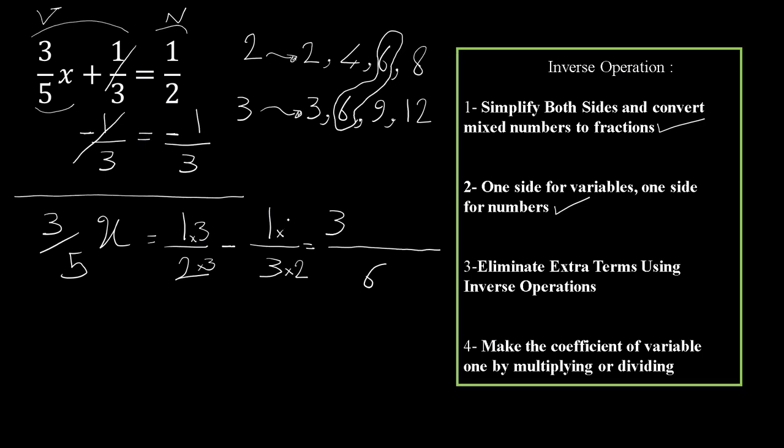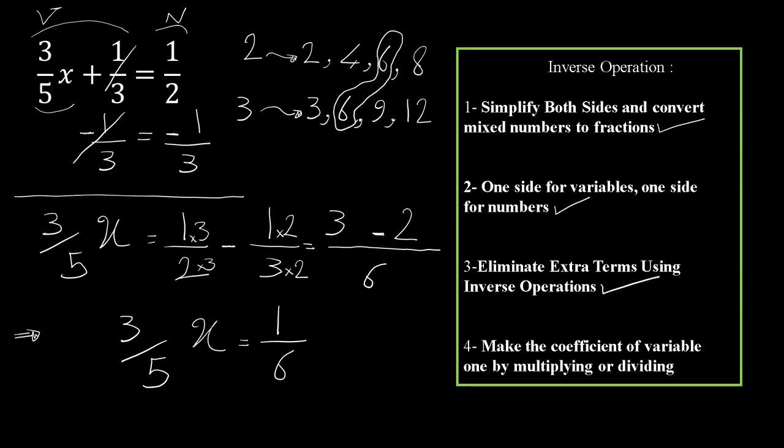So 1 must be multiplied by 2. So minus 2. So I can have 3 over 5 x is equal to 1 over 6. Okay, I did the third step.